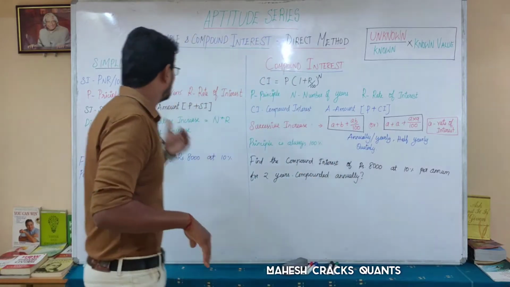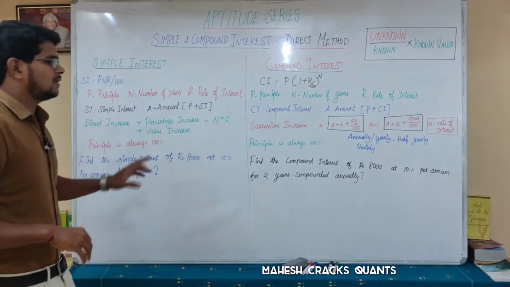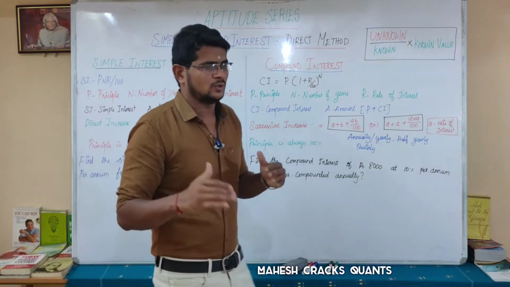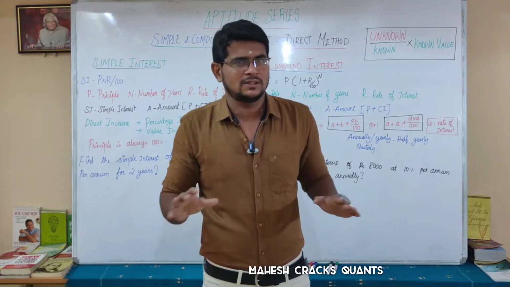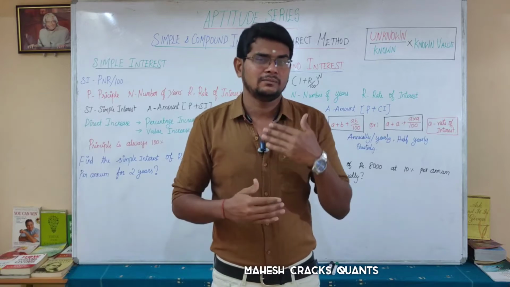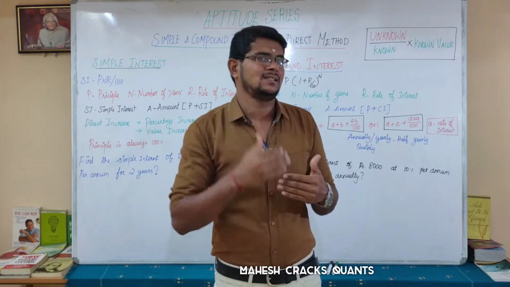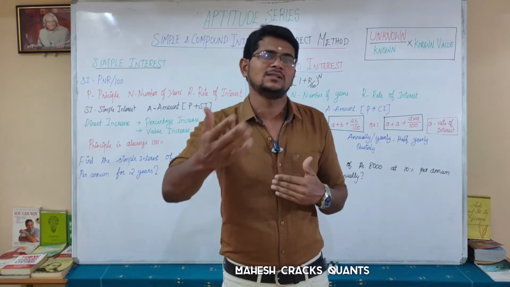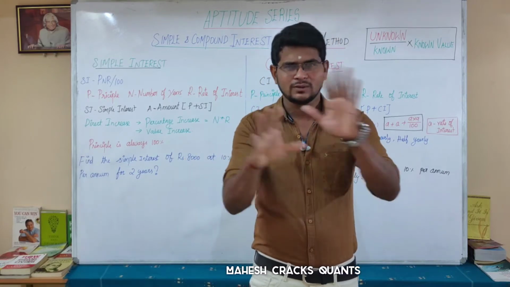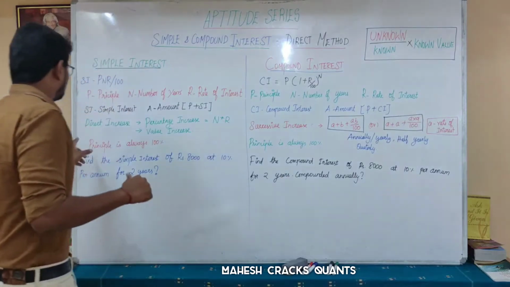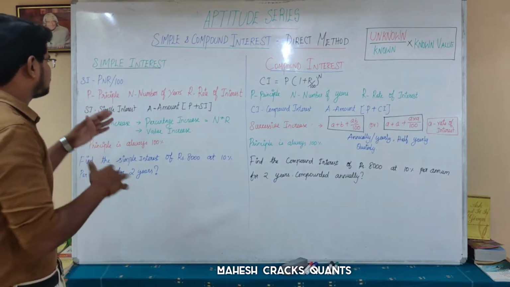When it comes to simple interest, the principal amount is always 100%. You are investing certain money and that is always 100%. That will come back to you increased, 100 plus some percentage. That increase percentage is based on your rate of interest. Principal is always 100%.